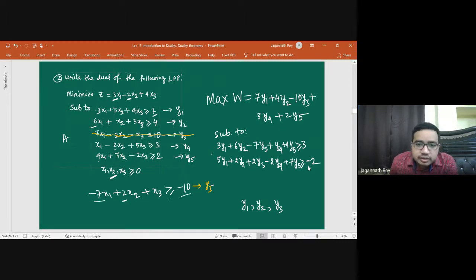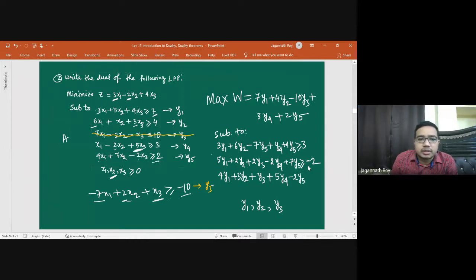And then the third constraint that we have is 4y1 plus 3 into y2 plus 1 into y3, so y3, plus 5 into y4, and then minus 2 into y5.